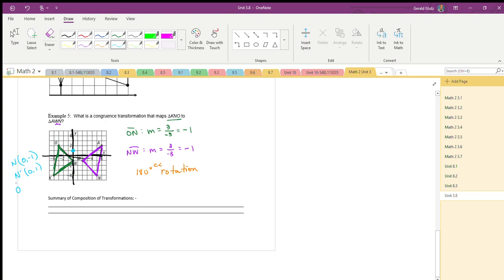O is at -3, +2. If I rotate that 180 degrees, I get +3, -2. So we're at 3, down 2. And then K is at -4, -4. If I rotate that 180 degrees, I get +4, +4.